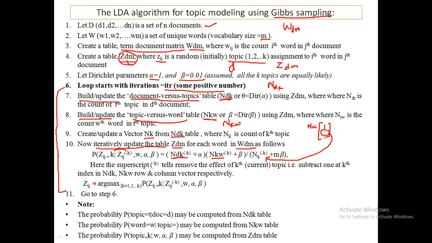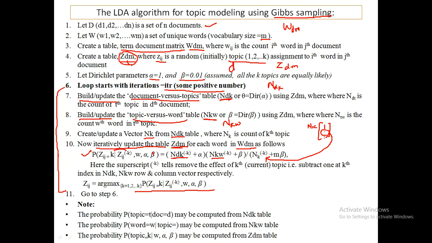And Zij is updated with the maximum, because this probability we compute for each of the topics, and whichever topic gives the maximum value, that particular topic will be updated in the ZDM matrix. Again go to step 6.